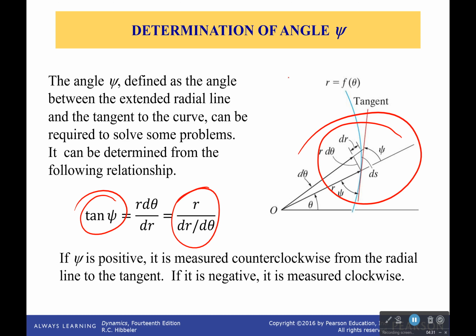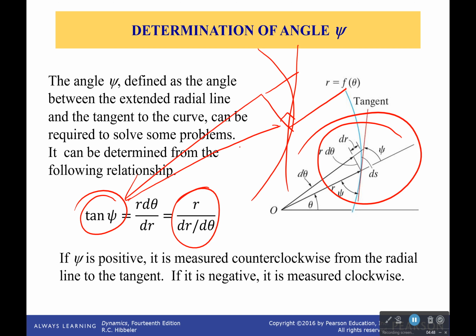Now we have, more or less at this point, our tangent line, and we have our perpendicular line right here. Okay, that's a right angle. And then we have this point. Now this is the radial direction at one point in time. This is the radial direction at the second point in time. So this side right here is r d theta.